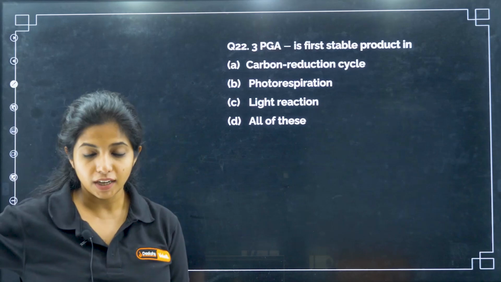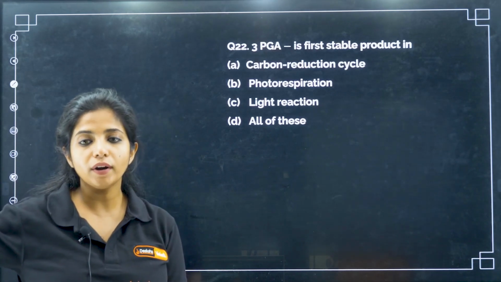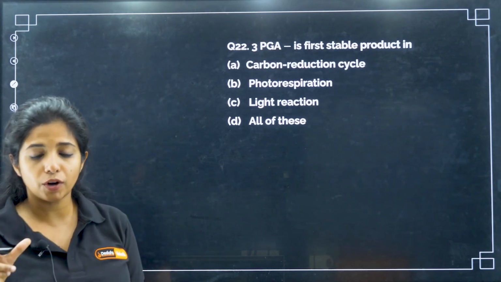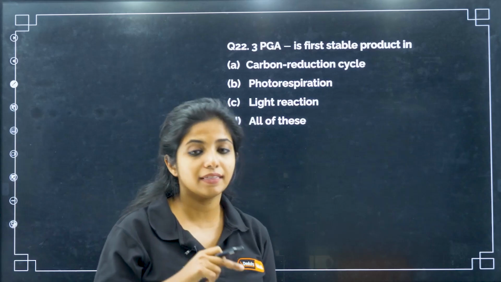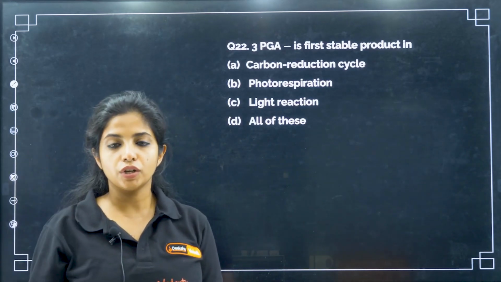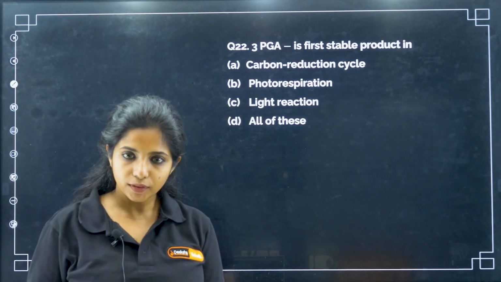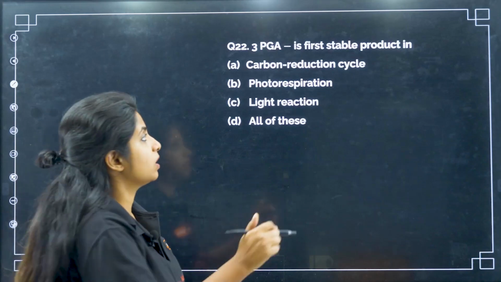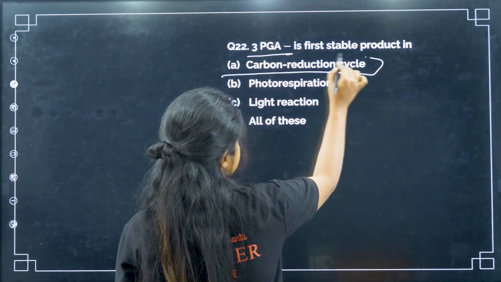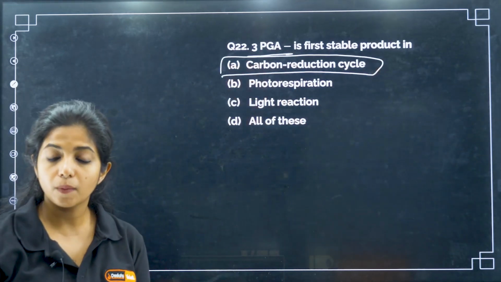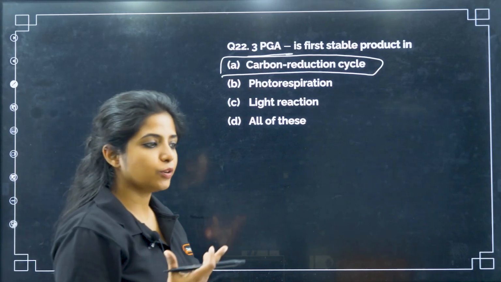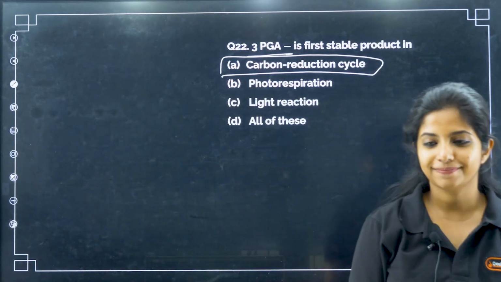It gets converted in the presence of CO2 to 3-PGA. That's the first stable product, and then it converts into the next thing. So the first stable product of the carbon reduction cycle is 3-PGA, because there the carbon dioxide is getting reduced.